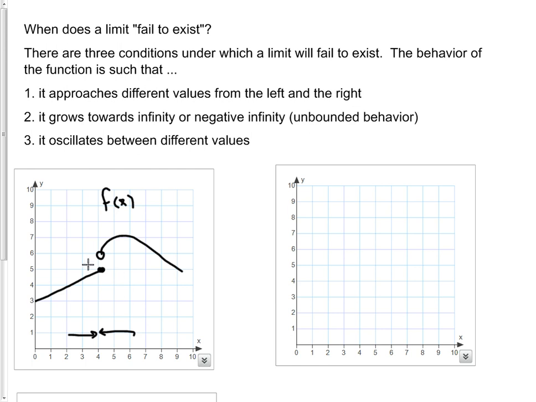So we say that the limit as x approaches 4, in this particular case of f of x, fails to exist. Usually we write DNE, where DNE stands for does not exist. And that's always a possibility depending on the way the function is defined.